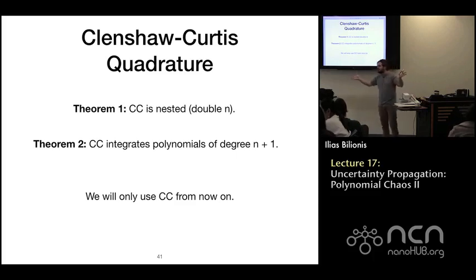So if whatever you're integrating is not a polynomial, it doesn't really matter that Gauss quadrature is better for polynomials. If you don't have a polynomial, why would you care? Anyway, so from now on, we will only use the Clenshaw-Curtis quadrature, and the reason is basically because it's nested. Okay, that's the reason why.